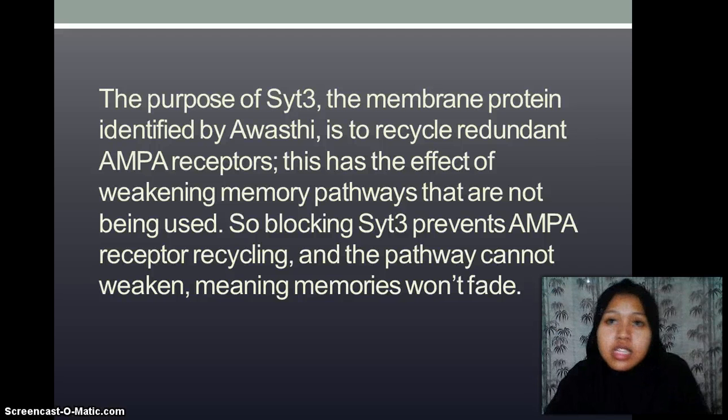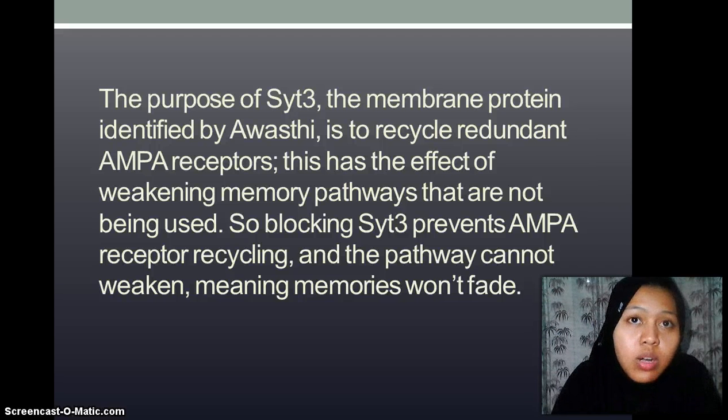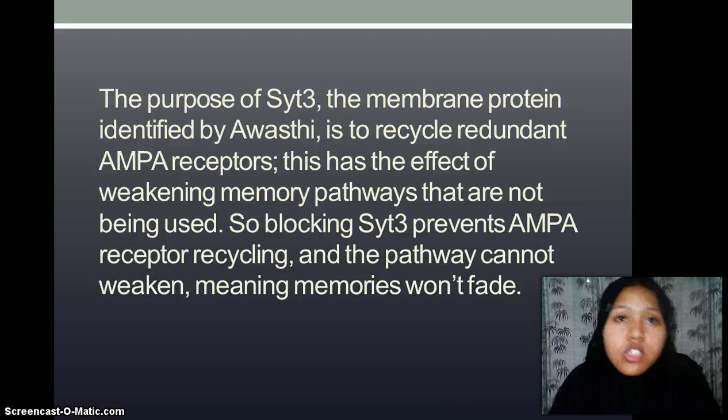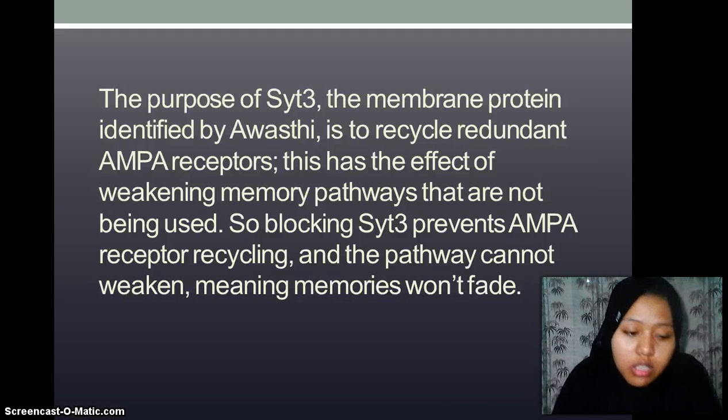While the mechanisms for creating memories were previously quite well studied, until now the way in which memories are lost has received much less attention.